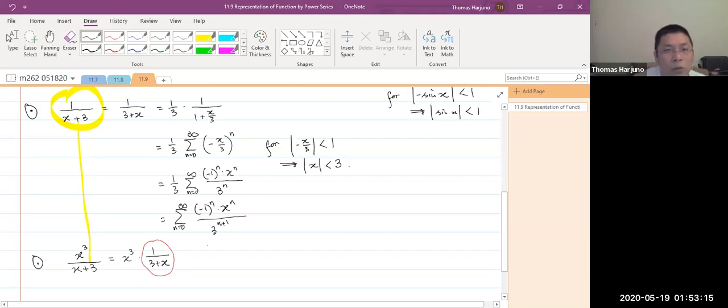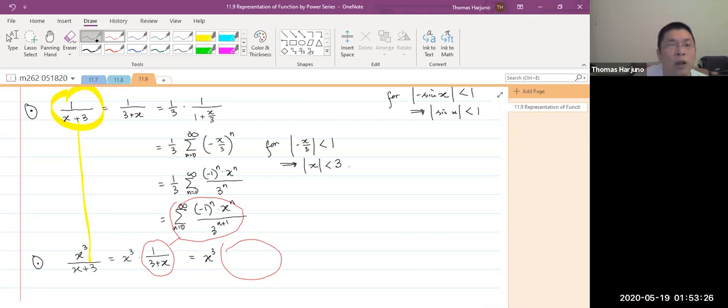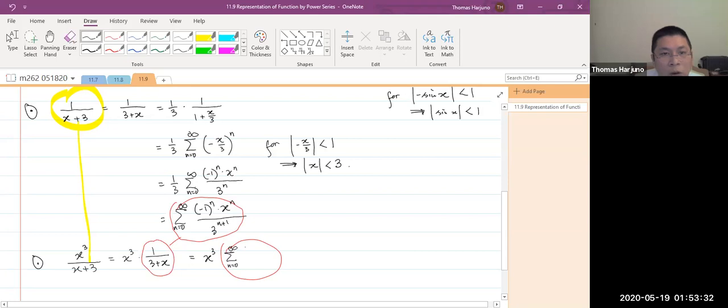So this is equal to x cubed times the series from 0 to infinity of (-1)^n x^n over 3^(n+1), which I can push the x cubed inside: x^(n+3) over 3^(n+1).